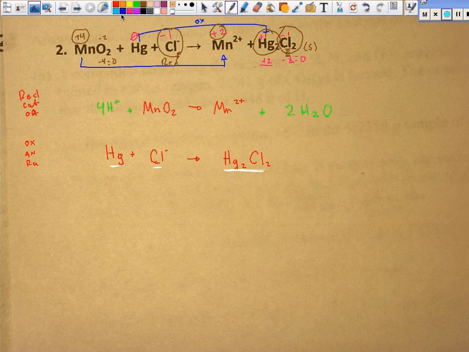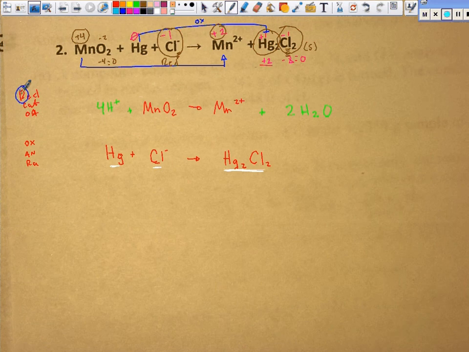Reduction and reactants, they go together. So this whole side is a +2. This whole side, remember, this 4 applies to this plus sign, so it's a +4. To balance it, I need 2 electrons.